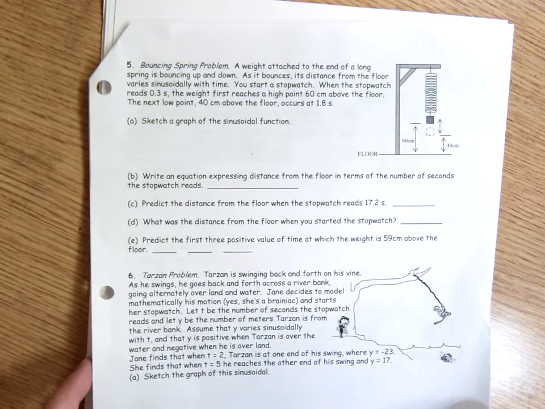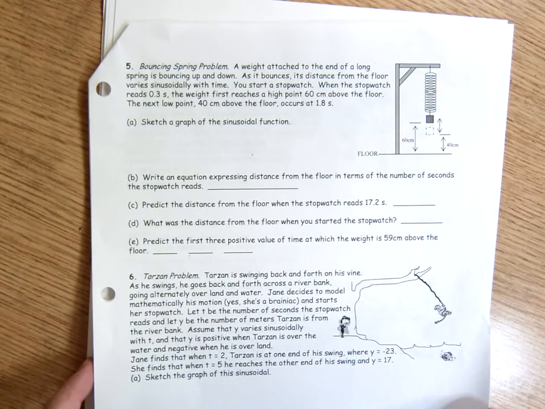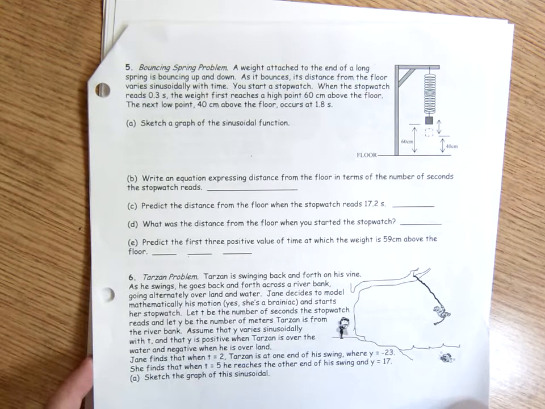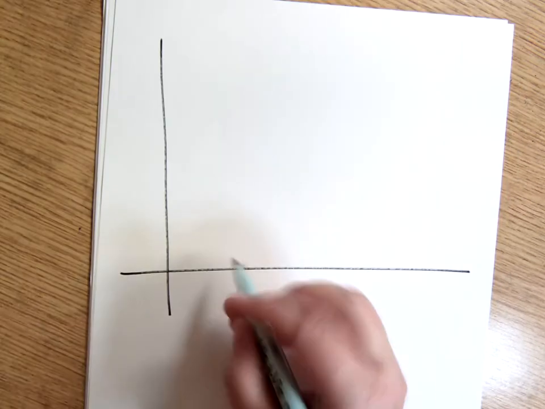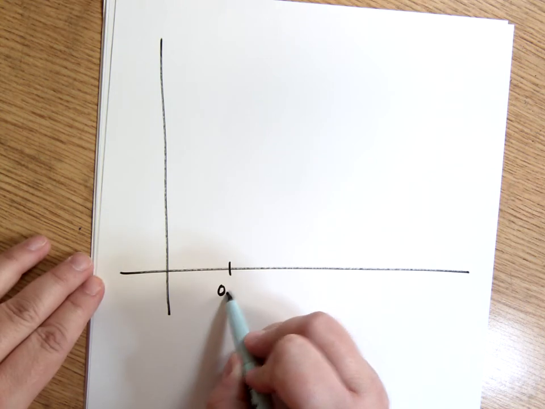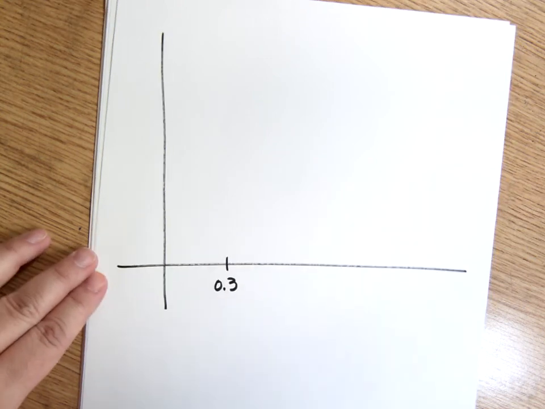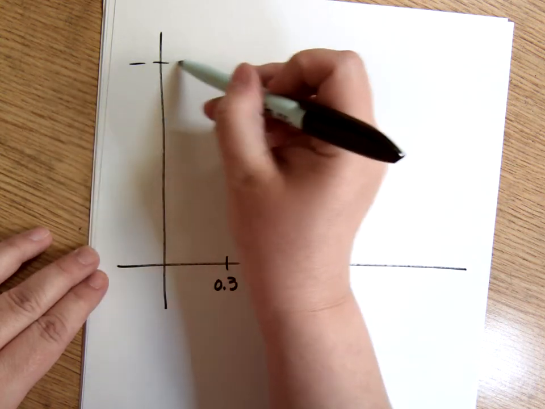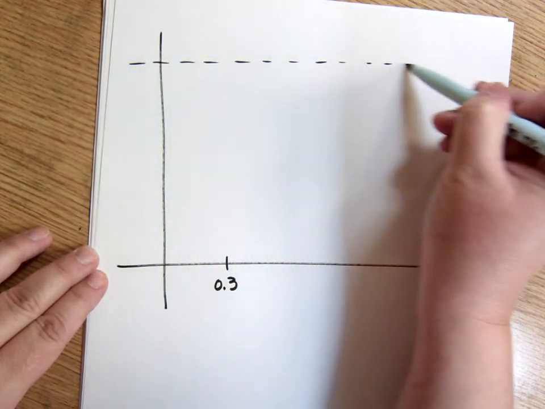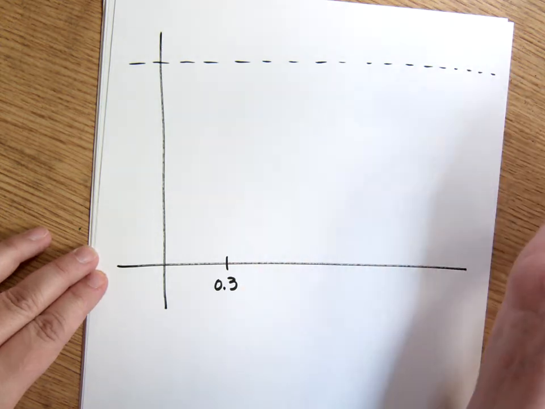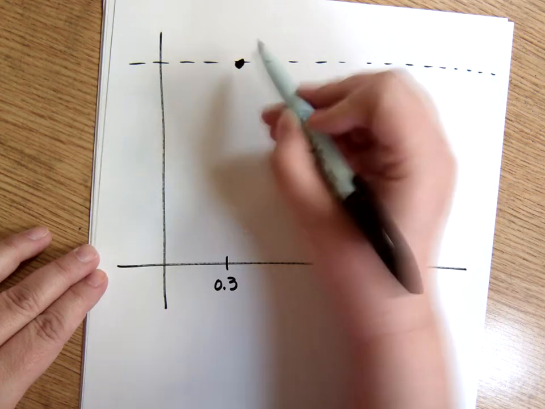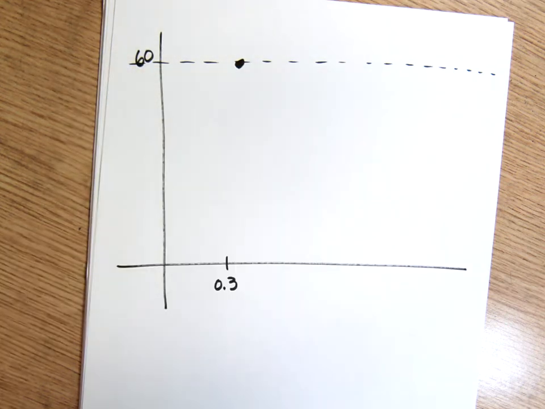So at 0.3 seconds we are at a high point. So this is my high, and it says 60 centimeters above the floor. So this is at 60.